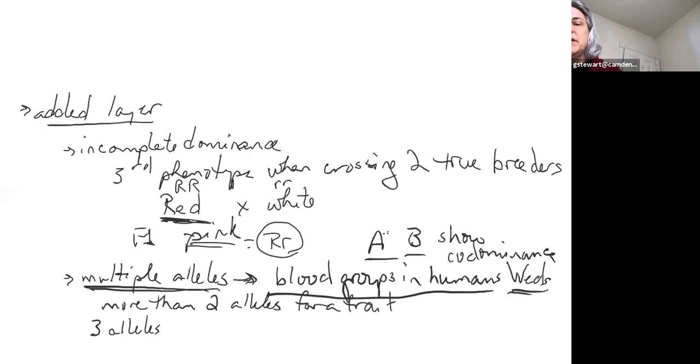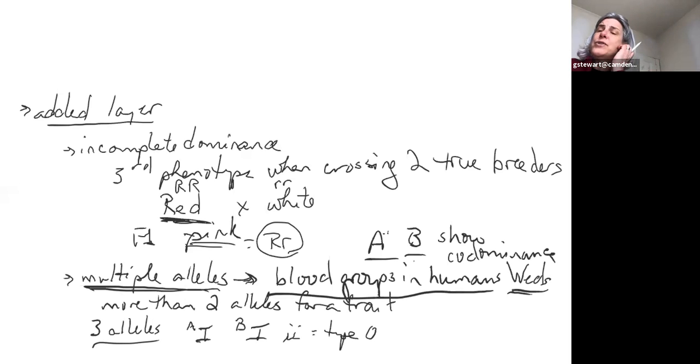So there's 3 alleles. We designate them with a capital I and a capital A superscript for A, capital B superscript for the B allele, and then 2 lowercase i's for blood type O. Which I understand is a little confusing, but those are the technical terms for it, and that will come back to haunt you in anatomy and physiology.